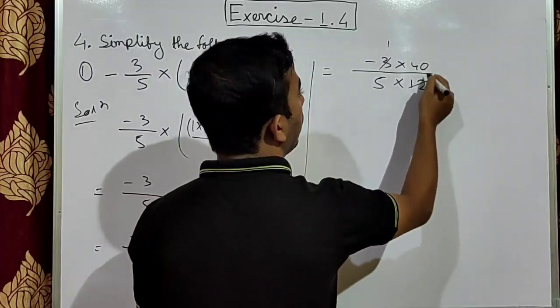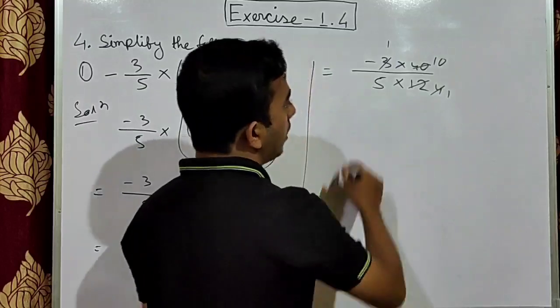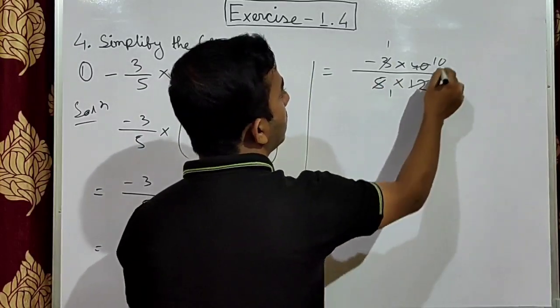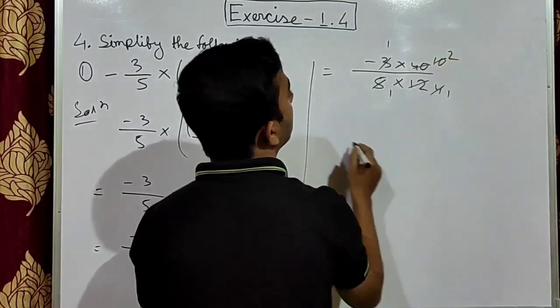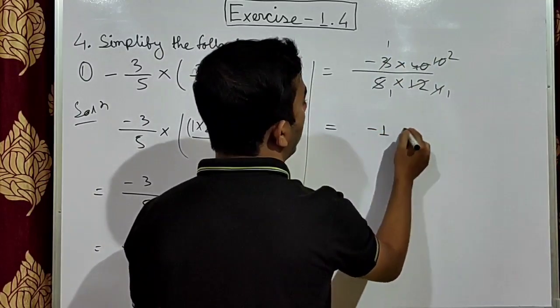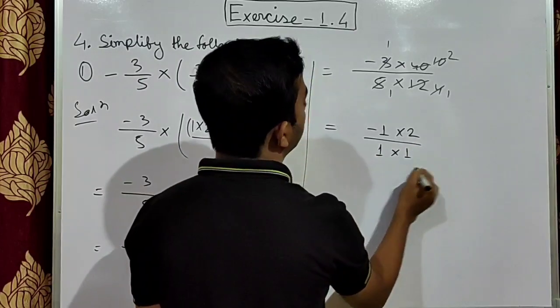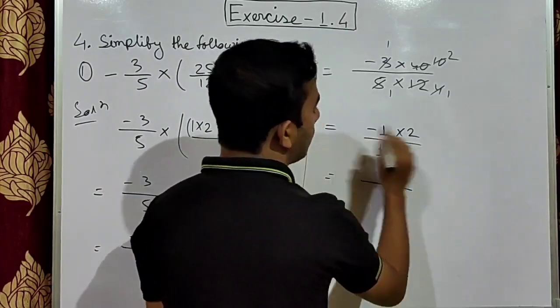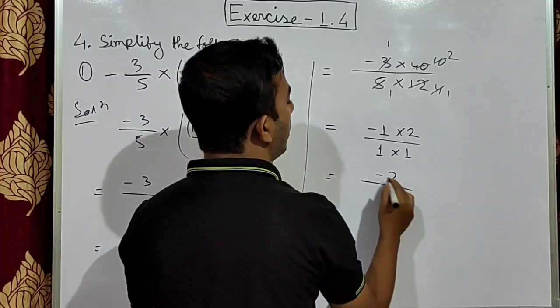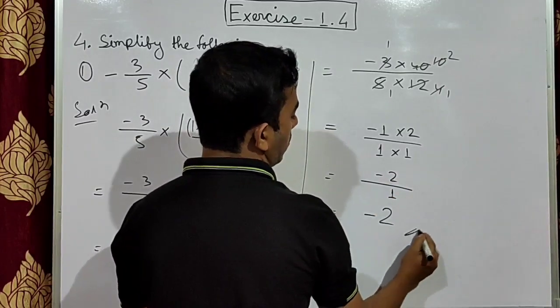Now 4 into 1 is 4, 4 into 10 is 40, right? Now look, 5 into 1 is 5, 5 into 2 is 10. So what is left? Minus 1 into 2 divided by 1 into 1. So minus 1 into 2 is how much? Minus 2, divided by 1 into 1, which is 1. So we can write it as minus 2.